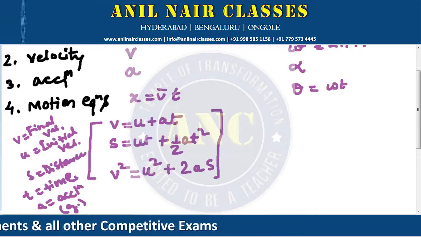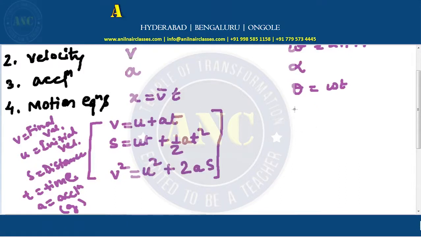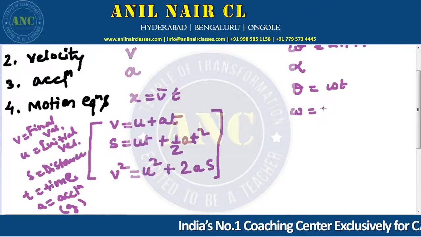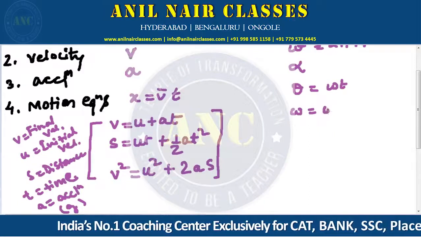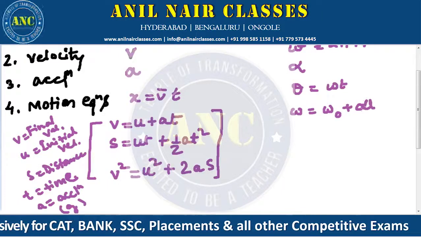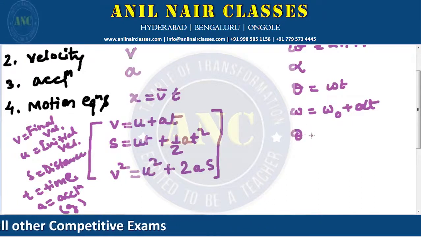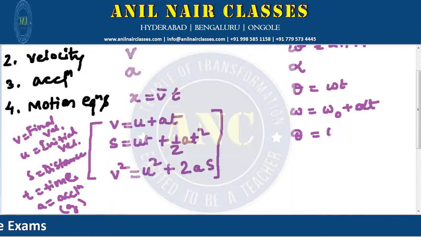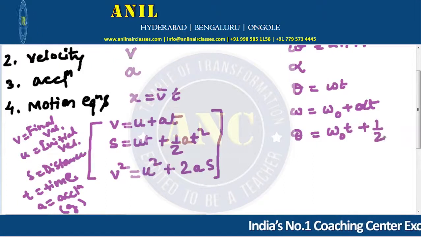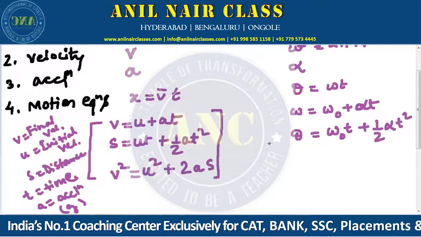Similarly, in case of rotational, the equations will be with respect to omega, because omega is the angular velocity. So this will be omega equals omega 0 plus alpha t. Similarly, theta, that is the distance, will be omega 0 t plus half alpha t square. You can see the relation here.